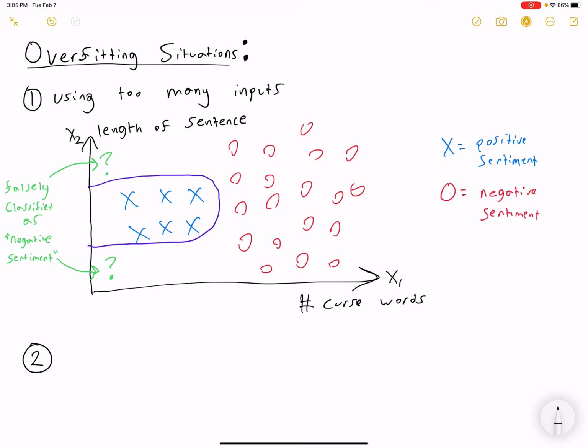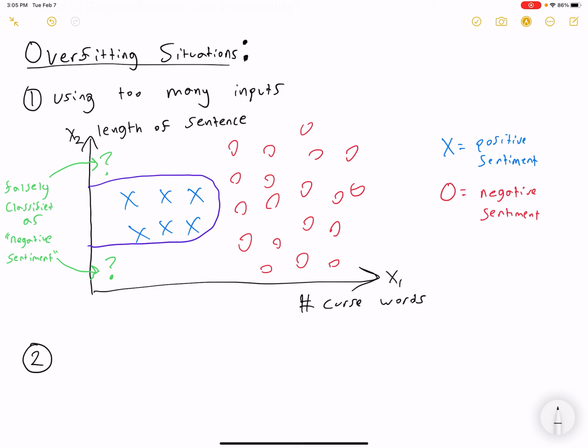So the inputs are the number of curse words and the length of the sentence. Oh, so we're just considering two parameters. Yeah. Basically. But it would have been better with just one in this case. Obviously, this is an illustrative example. In the real world, you have hundreds of inputs, and you might want to reduce it to 20. But in this illustrative example, 2 is too many in this case.